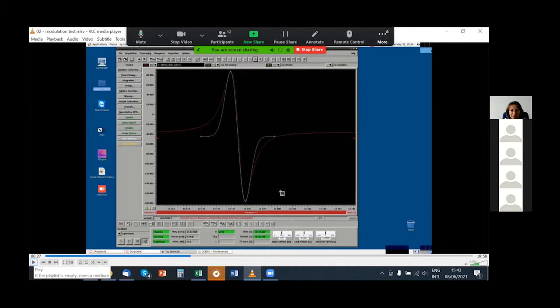Here it's an example of testing the line shape. We have some tools here. We have here Gaussian and Lorentzian line shapes. We can just superimpose on the experimental spectrum to have a first impression of the EPR line.